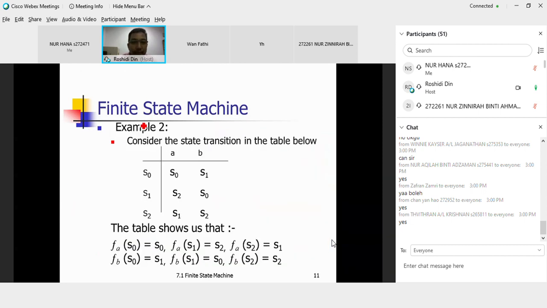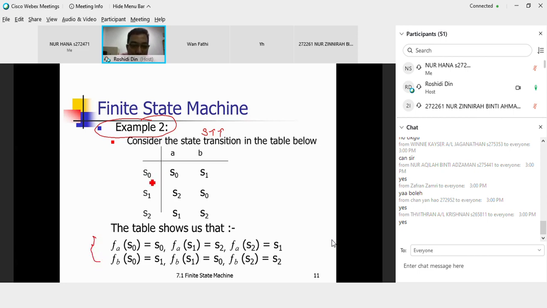Okay, now second example. This second example is related to your assessment or your assignment. Please consider the STT, state transition table, with this function. Based on this function, try to produce the combination here.